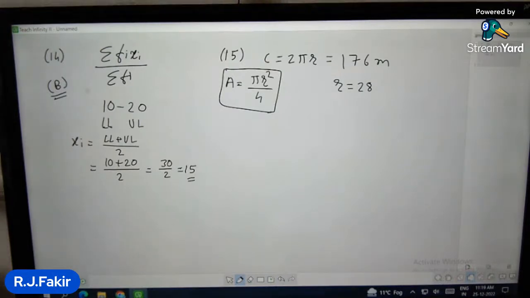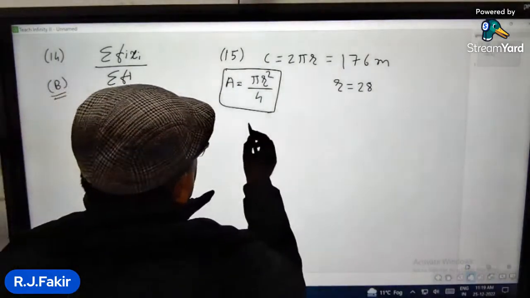And you can put that value of radius in this formula to find the area.